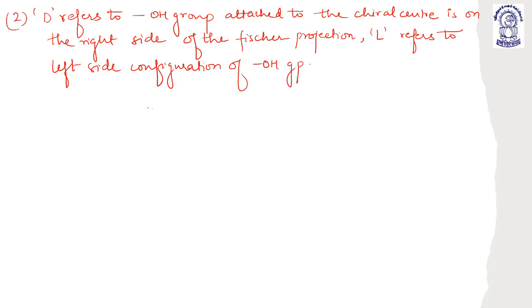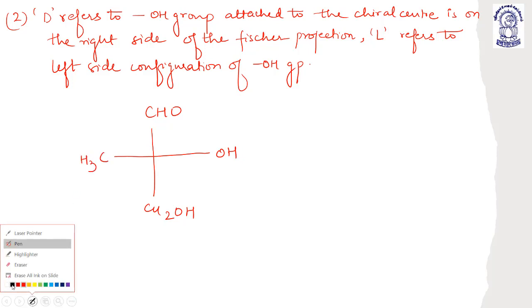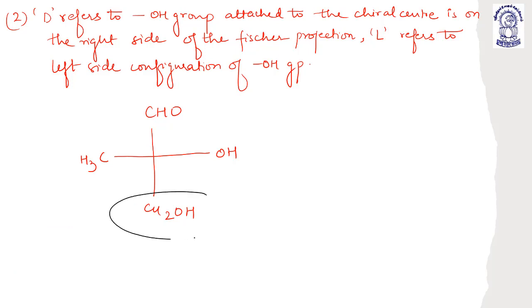Now please remember which chiral center we have to use. We have to use that chiral center which is nearest to the CH2OH. So this is the only chiral center here. OH is on the right side. This is capital D.